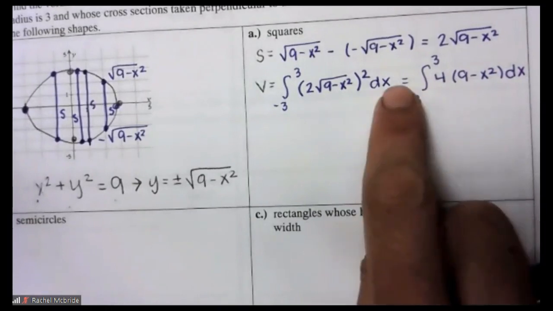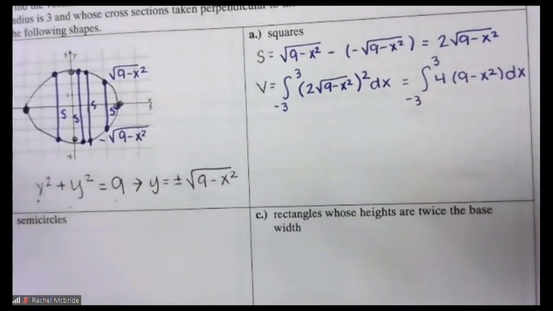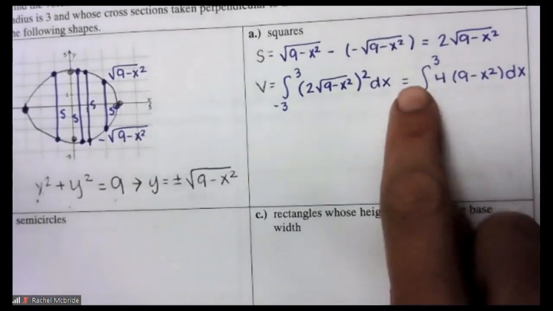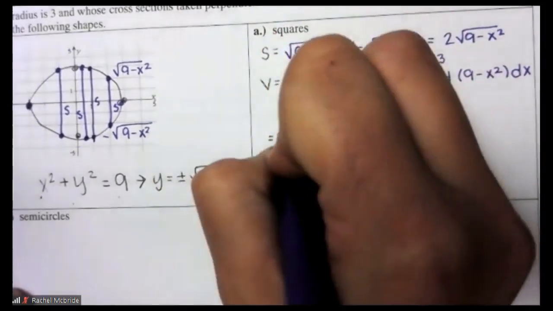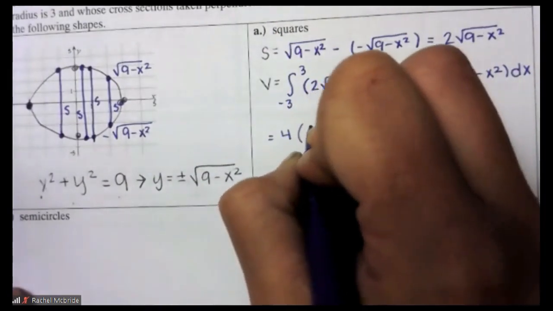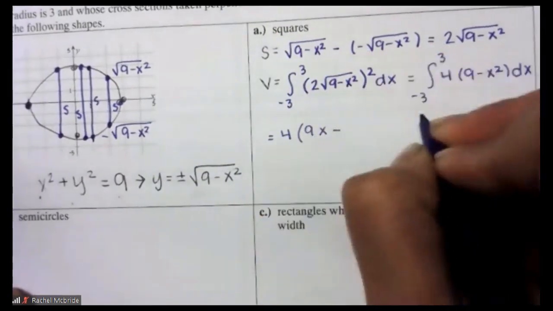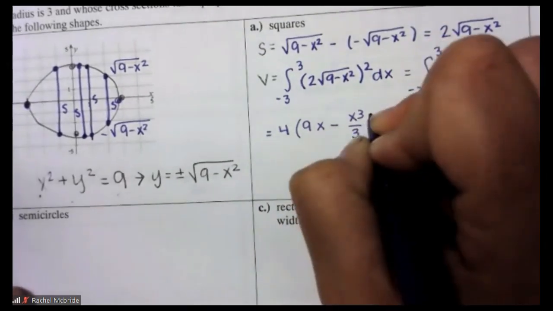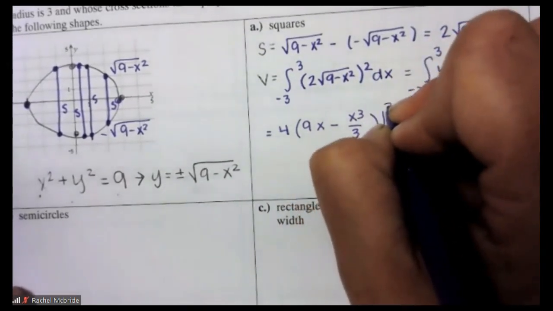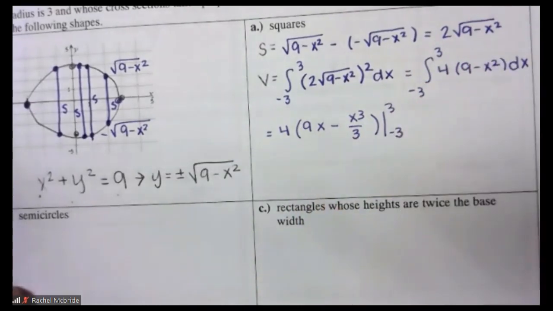You could bring out the 4 and then take the antiderivative of 9 minus x squared. So that's 9x minus x cubed over 3, and we're evaluating that from 3 to -3.